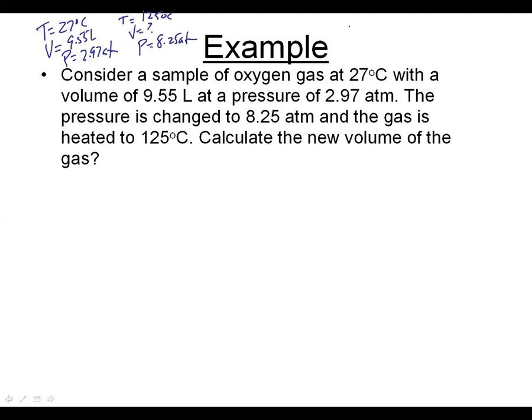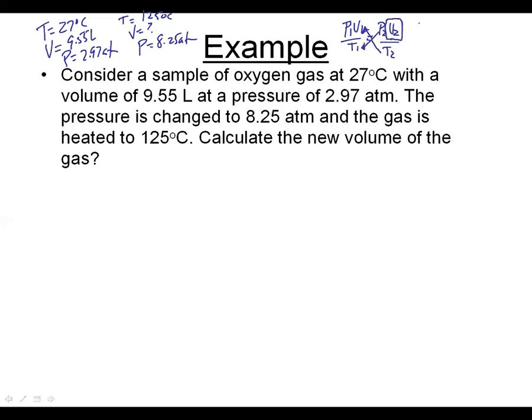So again, it should really point you to our P1V1 over T1 equals P2V2 over T2. We are in this case going to be solving for V2. That means that the T2 will go across to the top, the P2 will go to the bottom.